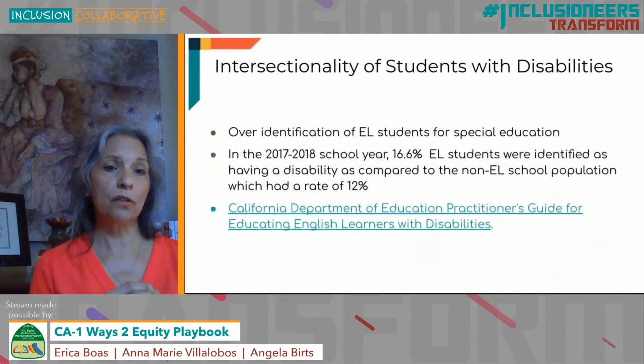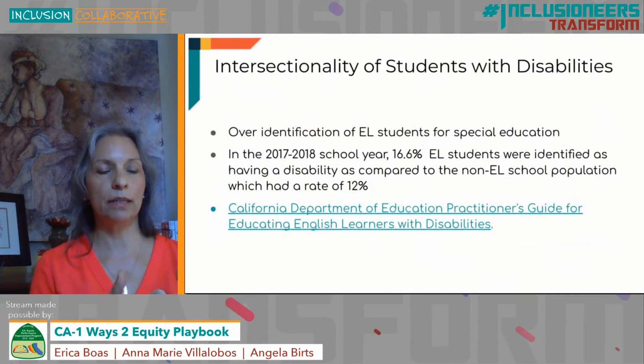So when we talk about students with disabilities, we also need to address the idea of intersectionality. The intersectionality is very important because when we look at the three groups of students that are identified for the local control funding formula, we're looking at foster youth, we're looking at students who are EL, and we're looking at students who are in a lower SES, socioeconomic status.